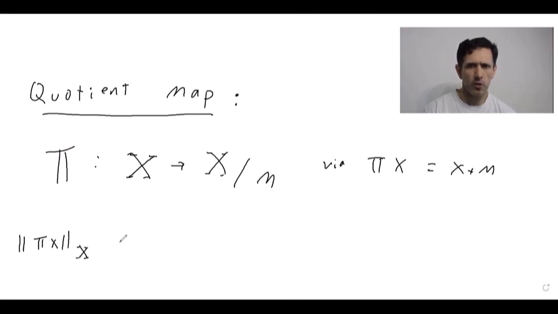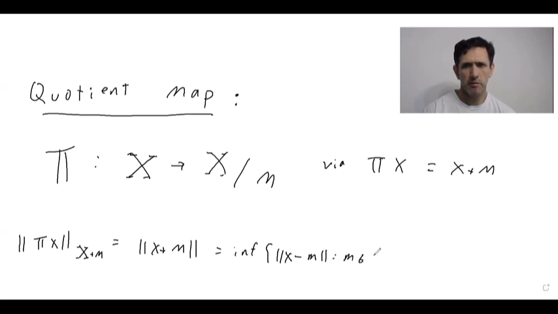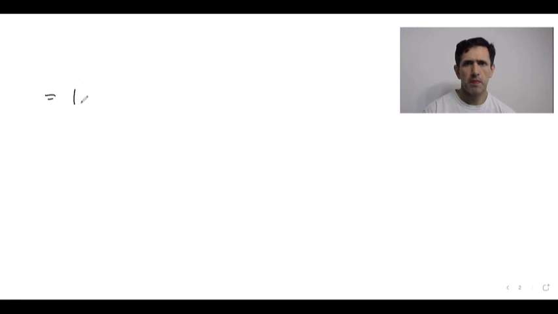So let's just look at this norm here of x plus M. By definition, it's just the infimum of the norm of x minus little m for little m in big M. Well, 0 is certainly in big M, so the infimum is less than or equal to the norm of x minus 0, and to be clear, this is in big X, so this equals the norm of x.